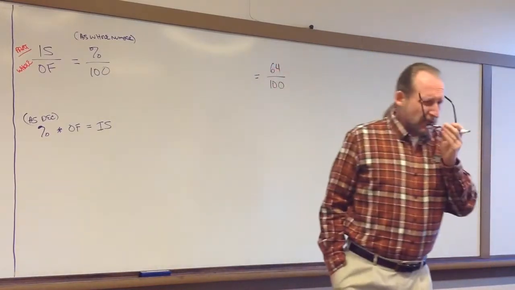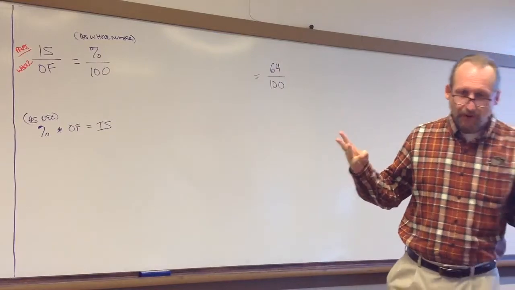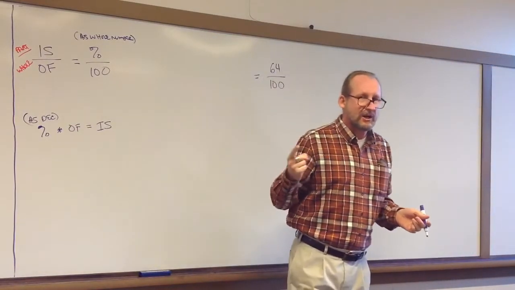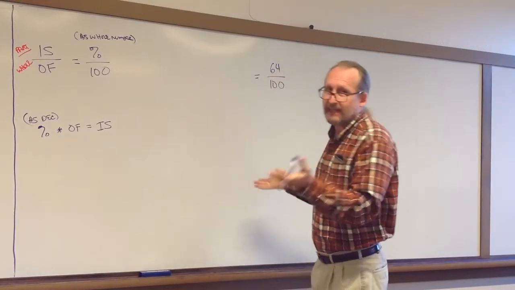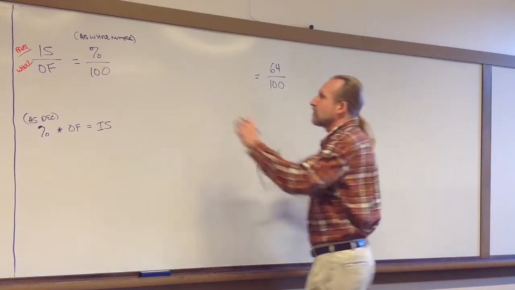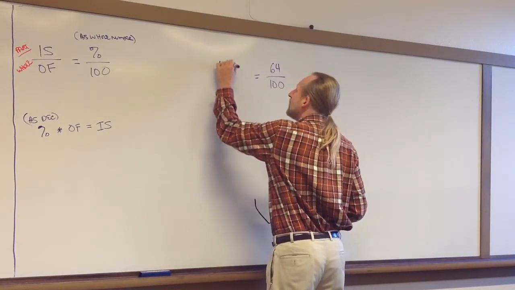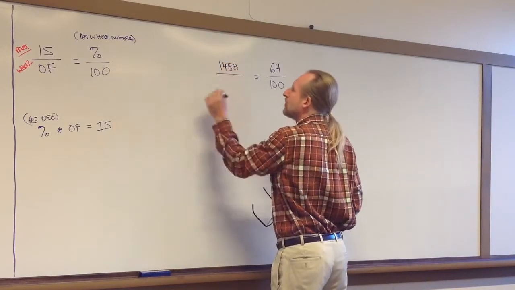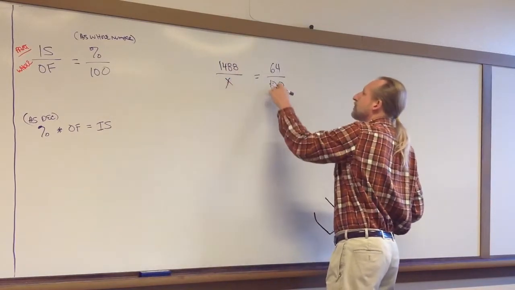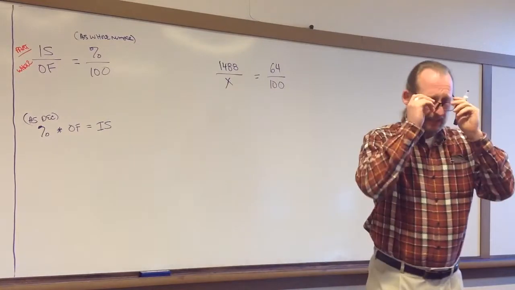Well, it seems pretty clear that if there are 3 separate parking lots and one of them holds 1,488 cars, that's a part. Okay, that's not the whole parking for the venue. All right, so that 1,488 has to go in the numerator. Our x goes in the denominator, and we multiply these two and divide by 64.